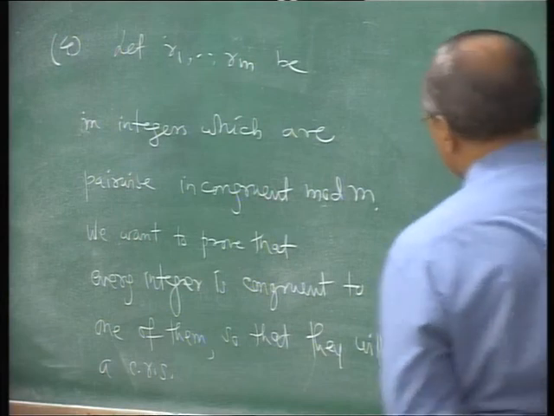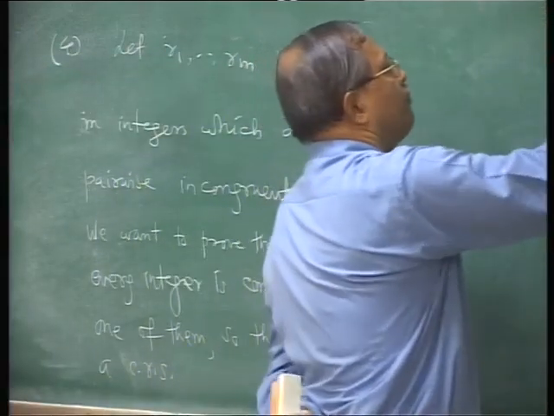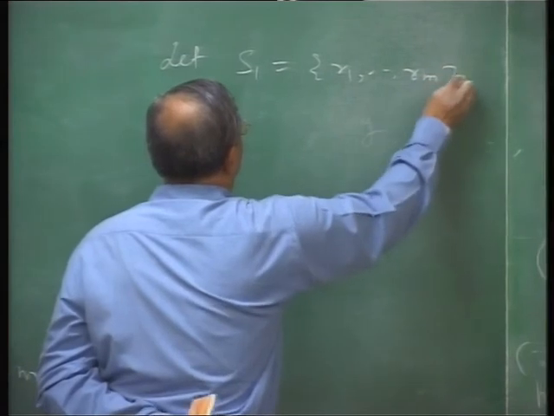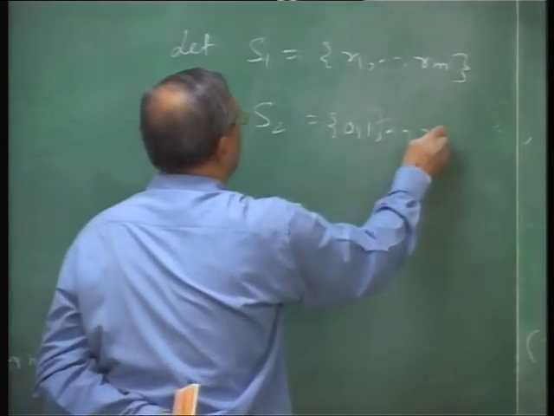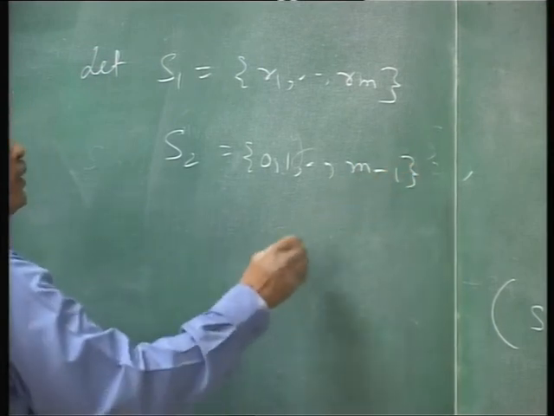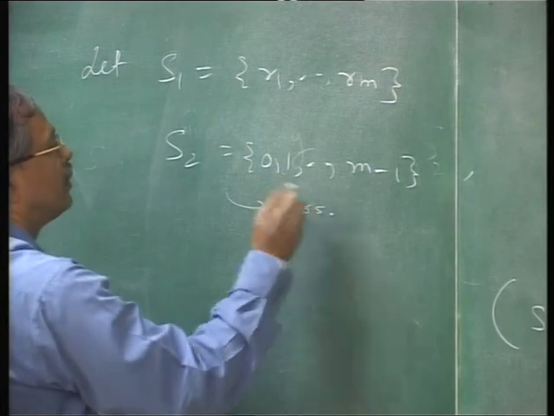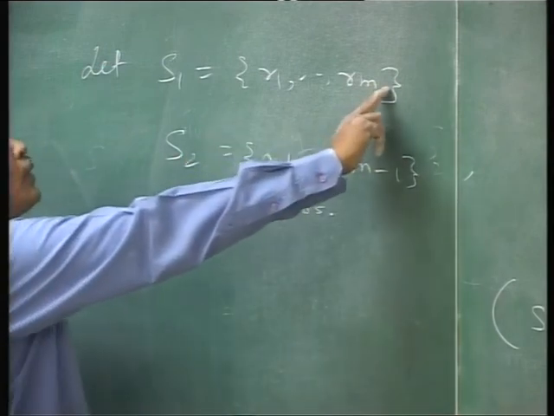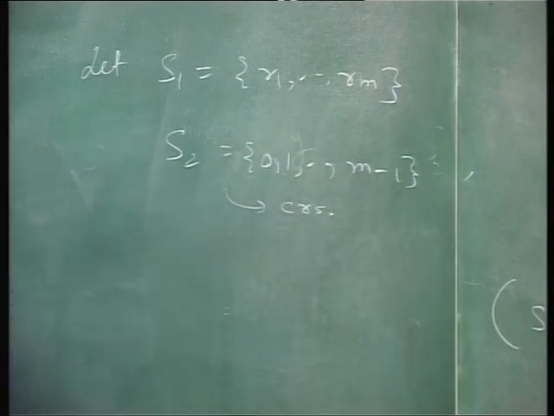So for this you take the standard CRS as before. So let S1 equal R1, R2, Rm, and S2 equal our standard set 0, 1, etc. up to m minus 1, which is already a CRS. So each of these is congruent to one and only one of these.